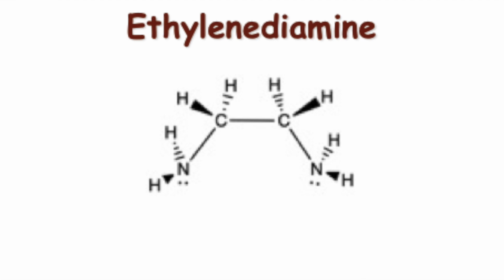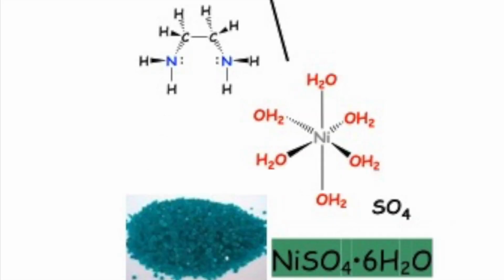When we have the nickel sulfate hexahydrate, that chemical right there is green, as you can see. We write it NiSO4 because that's the salt, and then the 6 waters hydrating the nickel. The formula and the shape are not exactly the same, but that's basically it.